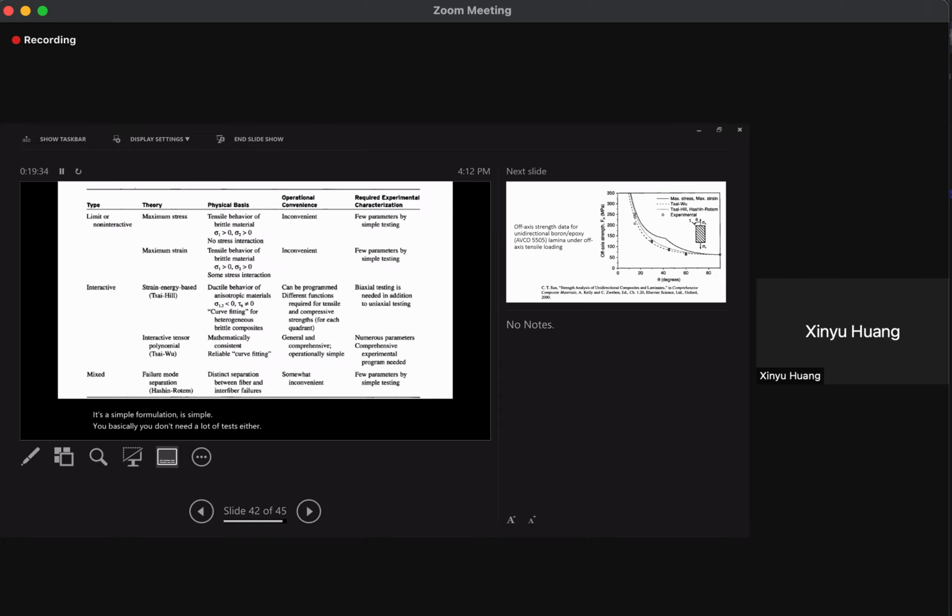For Tsai-Hill and Tsai-Wu, second order polynomials, you usually need a biaxial test, pulling the material in 2 directions to help determine some of the coefficients. So you need a comprehensive experimental program to determine all the parameters. Tsai-Wu notoriously needs a lot of parameters. If it's 3D Tsai-Wu, you have a huge number of parameters to determine from experiments. 2D is a little simpler.